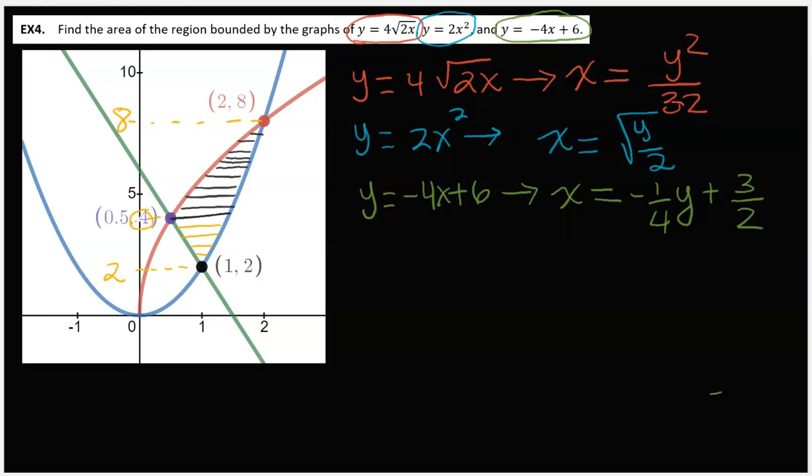So those are the functions we are going to use, now in terms of y as opposed to x. We have two regions. Region number 1 is the top part, and I am going to call the yellow region part number 2.